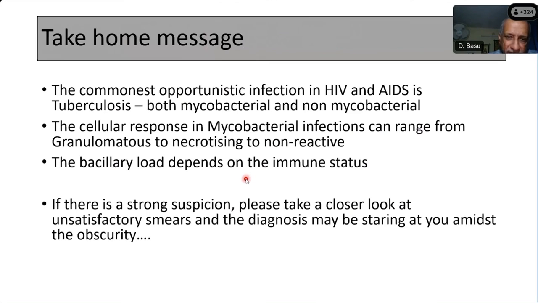So many students had this query: what are those negative shadows? And I think we just confirmed that most of these mycobacteria have a lipid coating, right? The mycolic acid doesn't allow the stain to penetrate. The routine Romanovsky stain doesn't penetrate into the bacilli, so they remain as negative shadows.